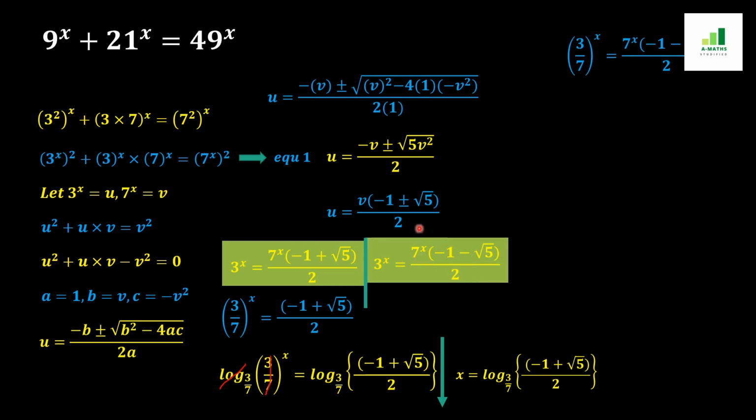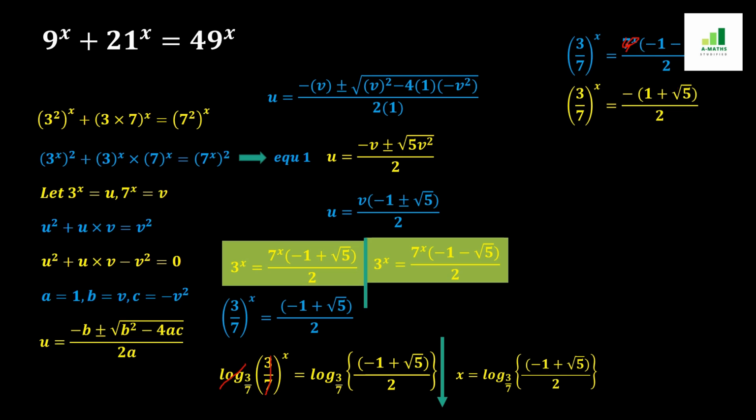And now we should divide by this 7 to power x, and we will take 3 over 7 in one bracket with power x as we have done before, and this 7 to power x will not exist here because we moved it to the other side of the equation, and on the other side of the equation we get minus 1 minus under root 5 over 2.